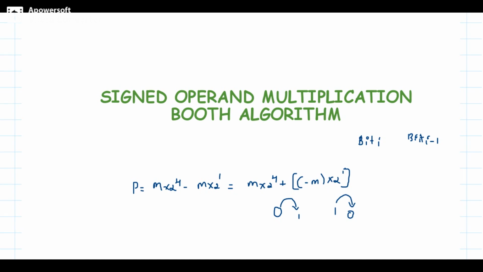So this is called recoding the multiplier.